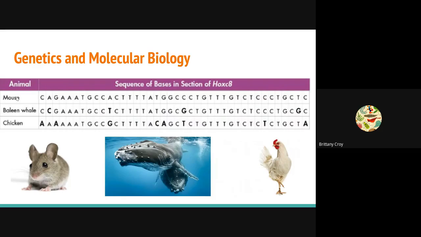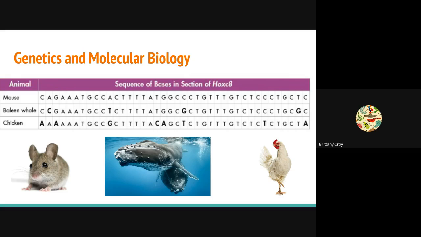Here's an example of three different animals, a mouse, a whale, and a chicken. And this is a section of their DNA bases that code for their Hox genes. Remember that Hox genes control the body plan of an organism. Go ahead and compare the sequences, like compare the mouse to the whale to the chicken. Do you notice anything similar?